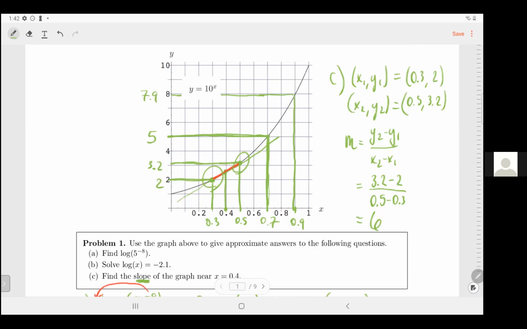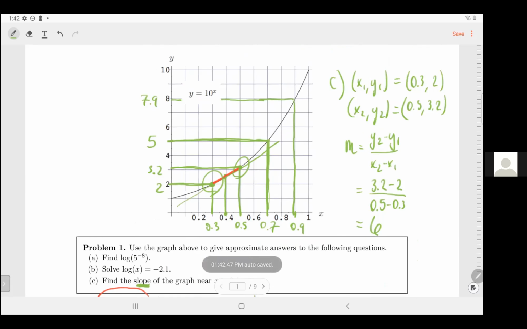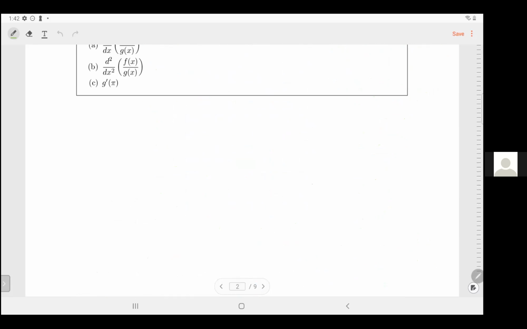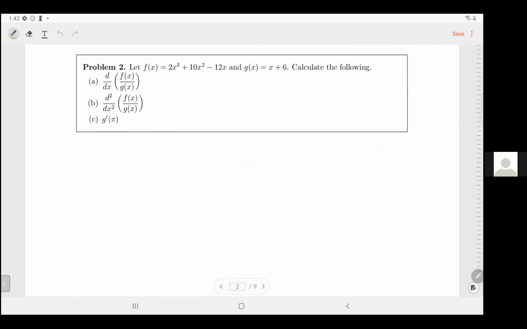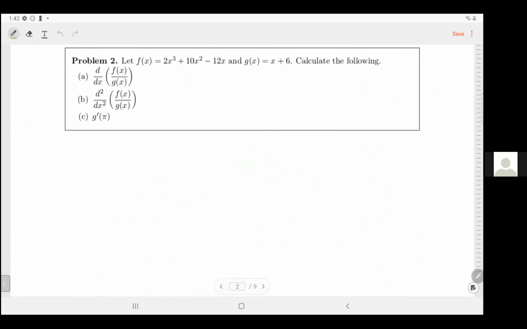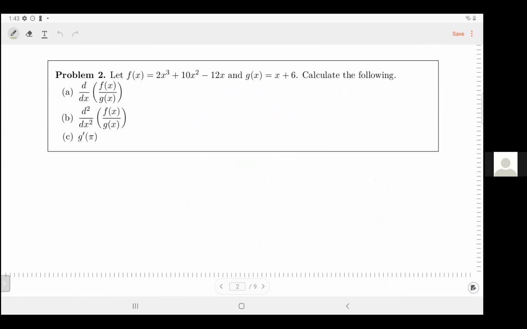Okay, cool. I think I'm going to save this document after, so I won't erase anything here. Let's go to the second page. So the second page is a bunch of derivatives, including a second derivative. And I thought this one was kind of a tricky one. It's kind of clever, kind of tricky.